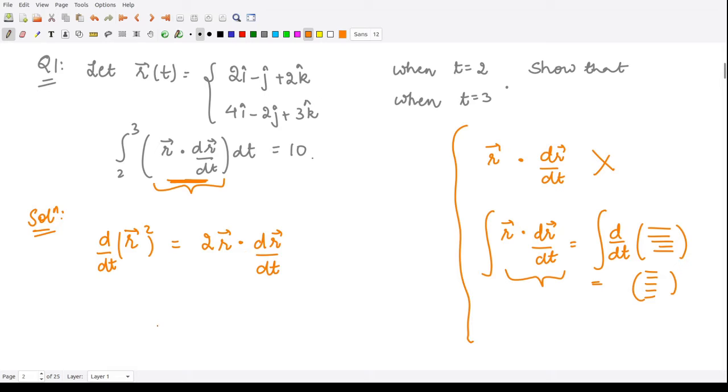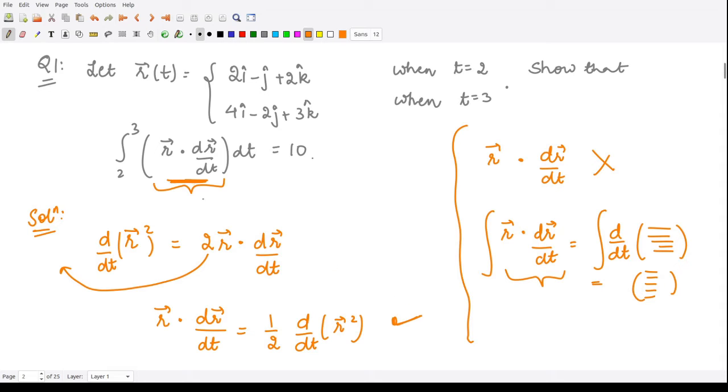So from here the quantity vector r dot with dr by dt becomes equal to, shifting this 2 to the left hand side, 1 by 2 d/dt of vector r square. Okay, so this is how I am writing this thing.